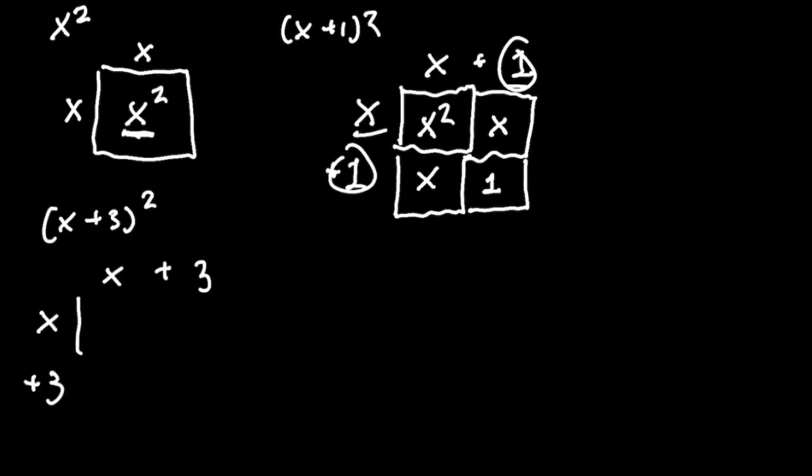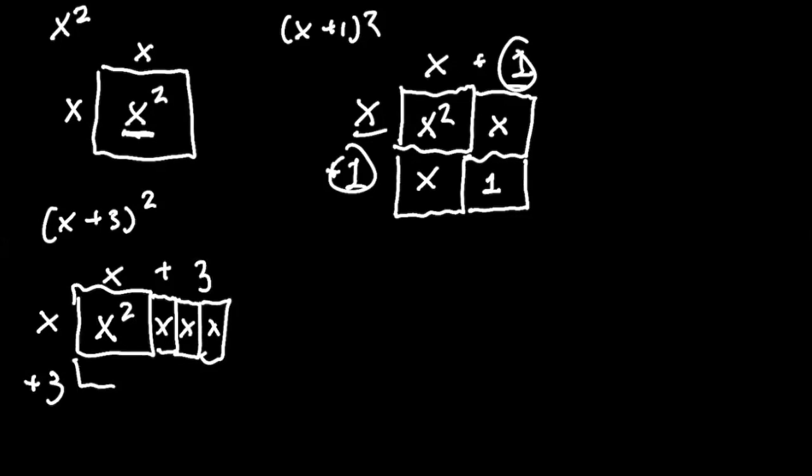And again, we start off with our x squared box here. Here we have 3 x's, so 1, 2, 3, x, x, x. Here we have 3 x's also. And so here I'm just writing out every single x as 1 unit.